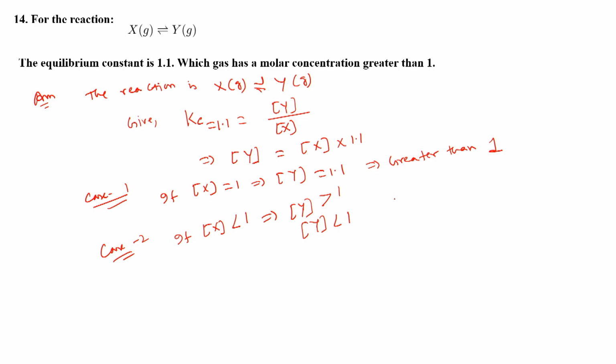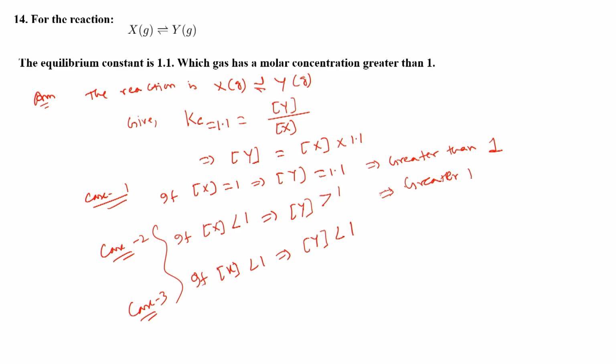Okay, so, this is another case, case 2, and case 3 is this one. Okay, so case 2 and case 3 we can club actually. So, if concentration of X is less than 1, then concentration of Y can also be less than 1. So, this is greater than 1 and this is less than 1. This is also a very simple problem.